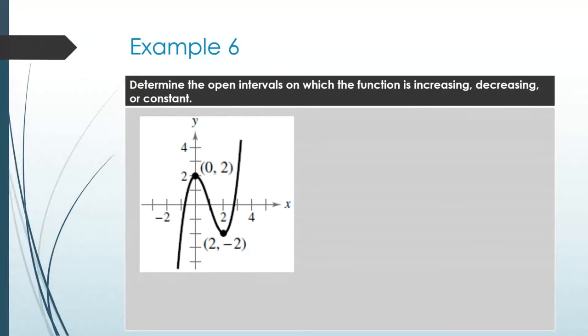So I have this graph here, and I'm going to be reusing this graph for several examples. Determine the open intervals. Open means you're using parentheses, not brackets. So open intervals on which the function is increasing, decreasing, or constant. If you look at the graph, there's no dots, so that means these are going to go on forever.